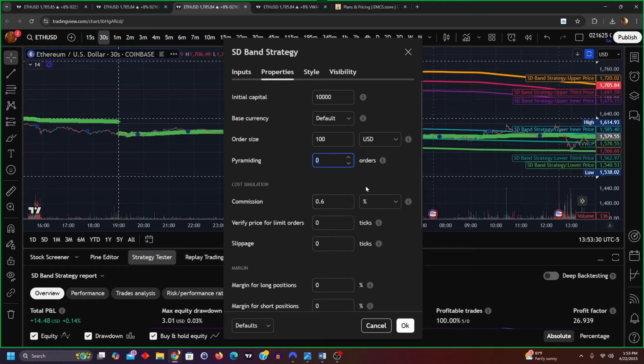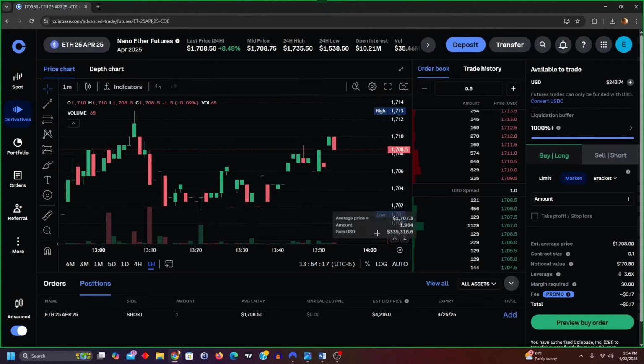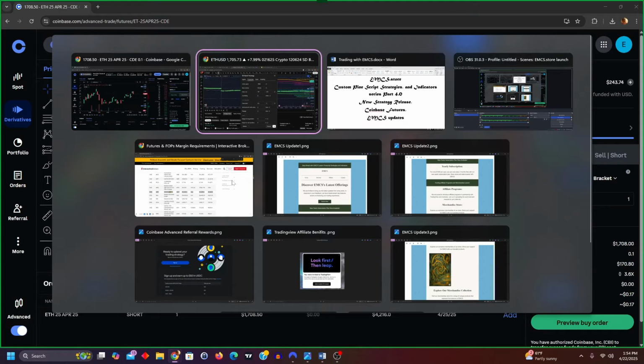I'm sorry, that's about the standard commission rate for Coinbase when just trading the underlying commodity, and we'll talk about Coinbase Futures as well, and futures contracts.